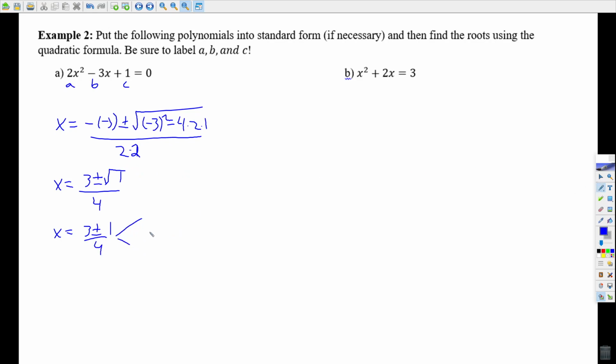Now we can split them into two answers: one answer will be 3 plus 1 over 4, or 3 minus 1 over 4. We're still getting these two answers here. So we get 4 over 4, which is 1, or 2 over 4, which is 1/2. So those are your two answers.